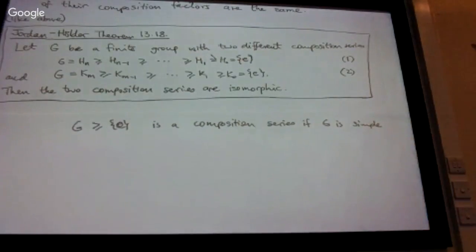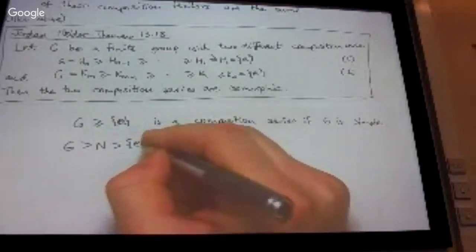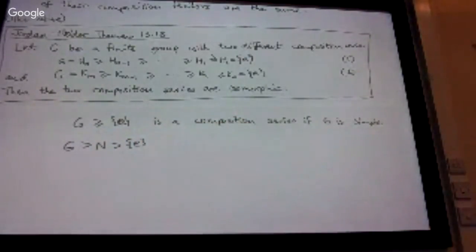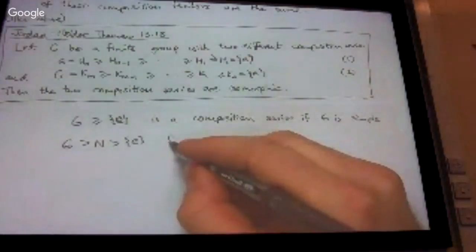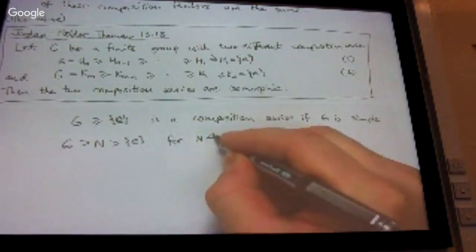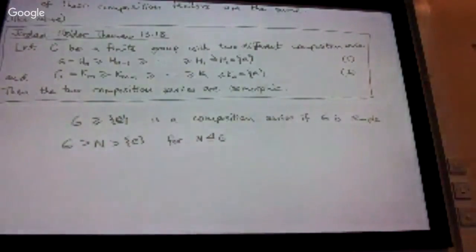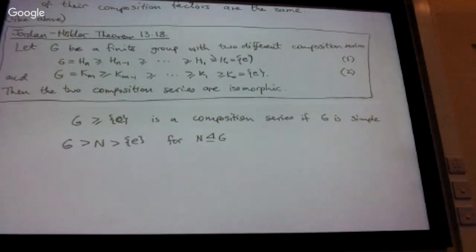And if not, then it has a normal subgroup which is non-trivial. So N is a normal subgroup of G, non-trivial, so not G and not the identity. Now it's the same thing.